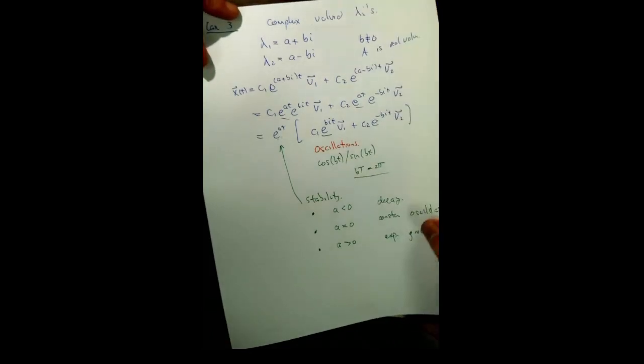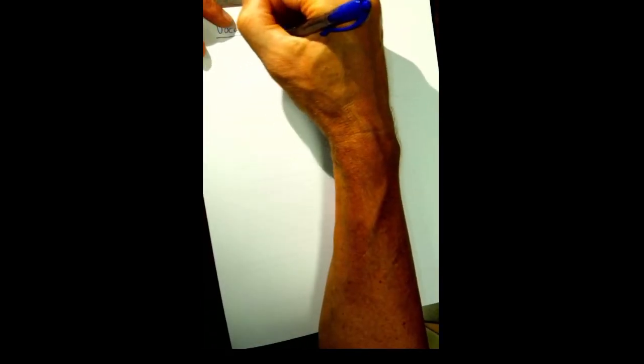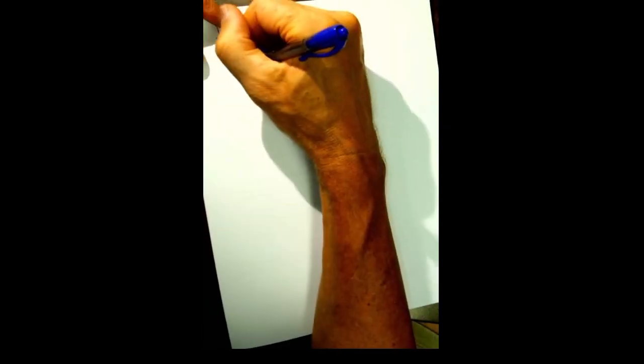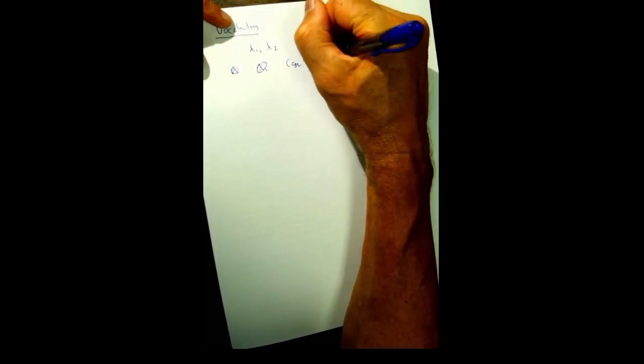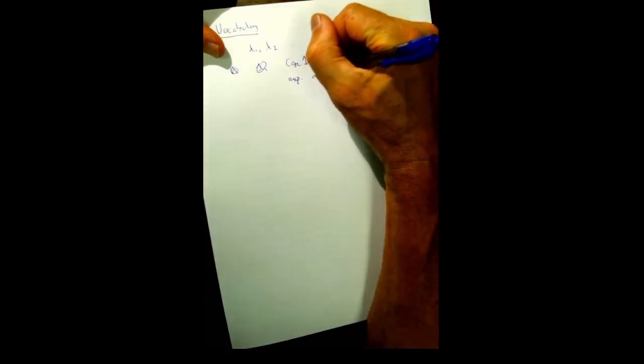Now, in terms of our vocabulary, how do we describe this? So if we have lambda 1 and lambda 2, case 1 is that they're real and at least one positive. We're just going to call this exponential growth.